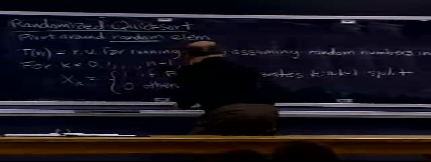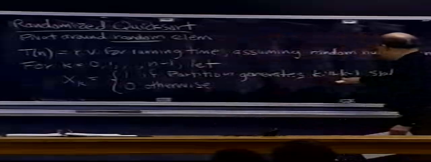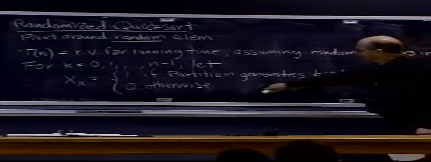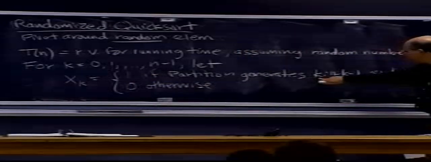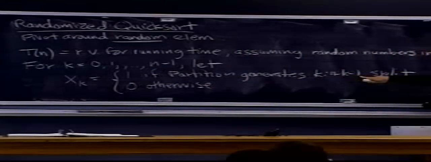So as we execute, whenever we generate a split, this random variable is going to be 1 if the split had a balance of k on the left side and n minus k minus 1 on the right side.